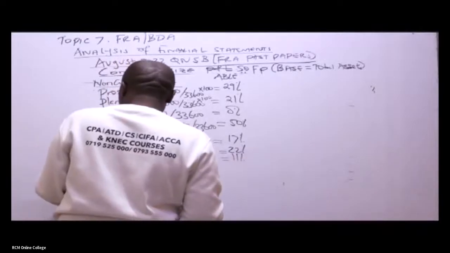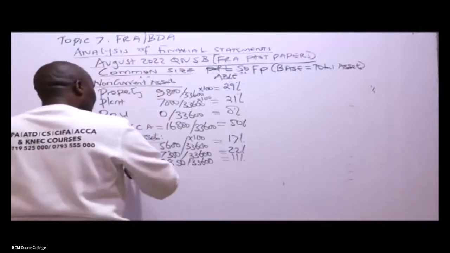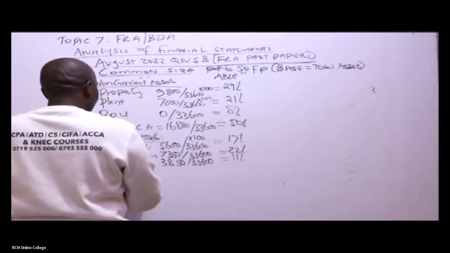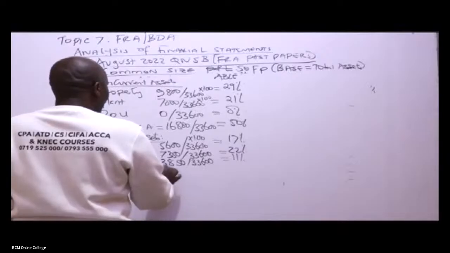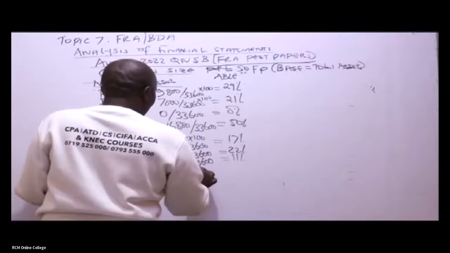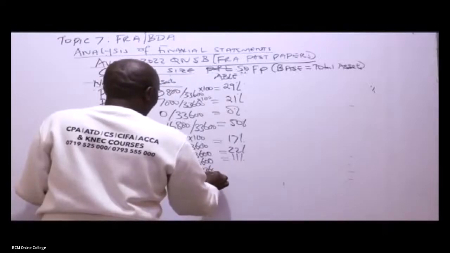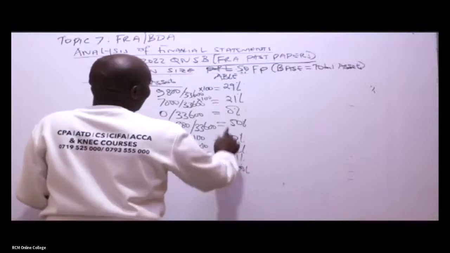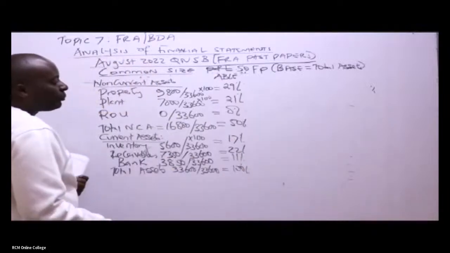And then they have given me total assets, so I don't have to do total current assets. You do it for everything given. Total assets, I can see 33,600. So I divide this by 33,600. Then I'll be able to get 100%, which basically will be the sum of everything there.